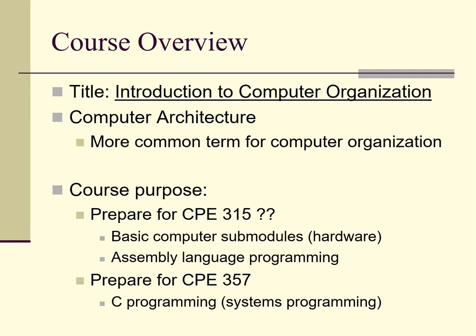It's to prepare you for CPE 315, but I was told, seriously, just a few days before I generated these PowerPoint slides, that CPE 315 is now optional for computer science majors. I'm not sure about software engineering, but it's kind of strange.